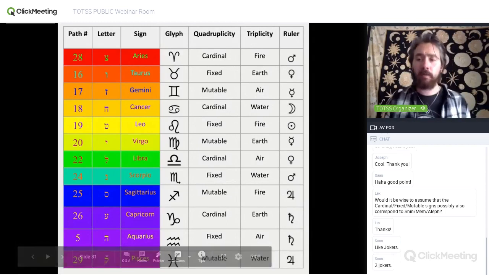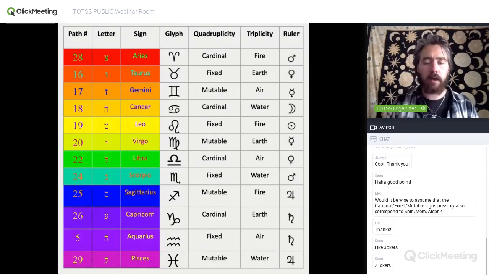Okay, so I'll just talk one by one. Aries is cardinal fire and is ruled by Mars, and that really is what defines Aries. The cardinal signs have this energy of inception, of beginning.